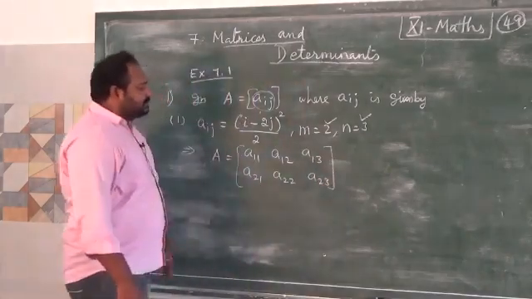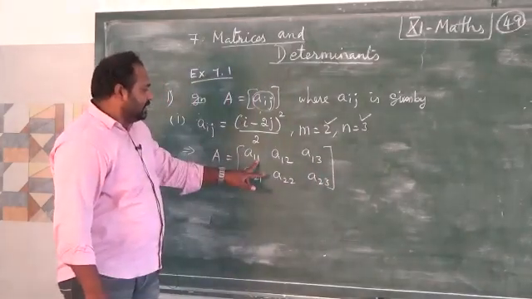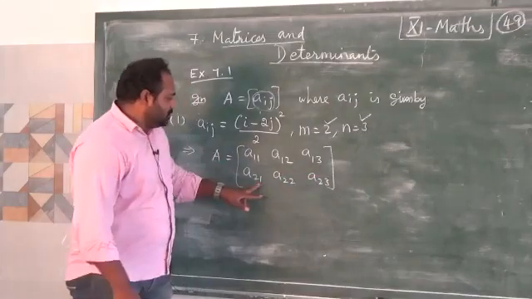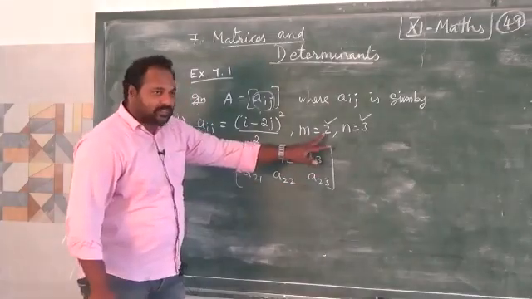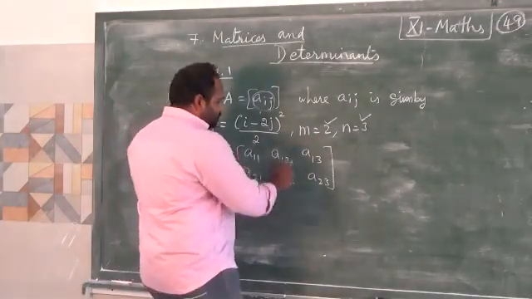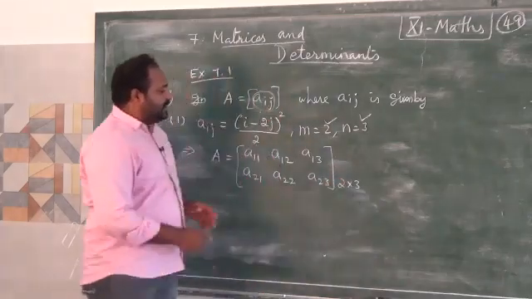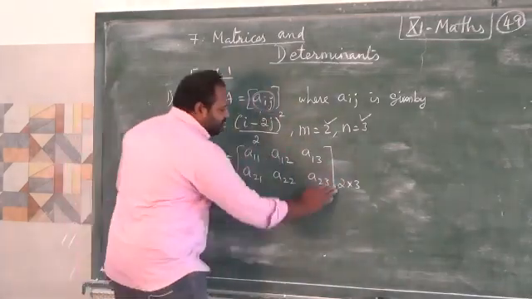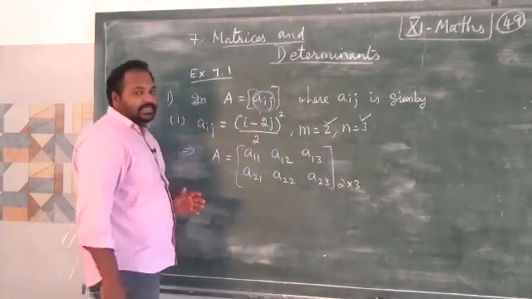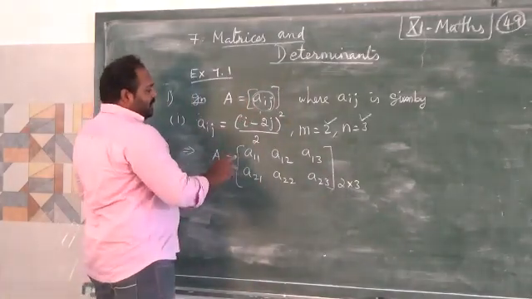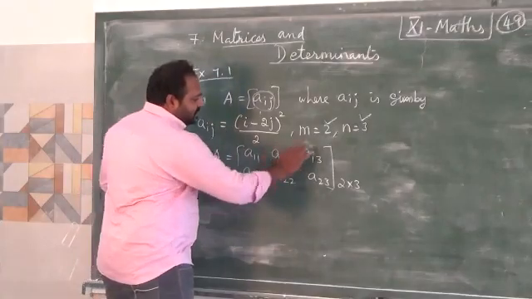This is one row, this is another row, so 2 rows, and 1, 2, 3 columns. Then I have to find the exact values for these entries.